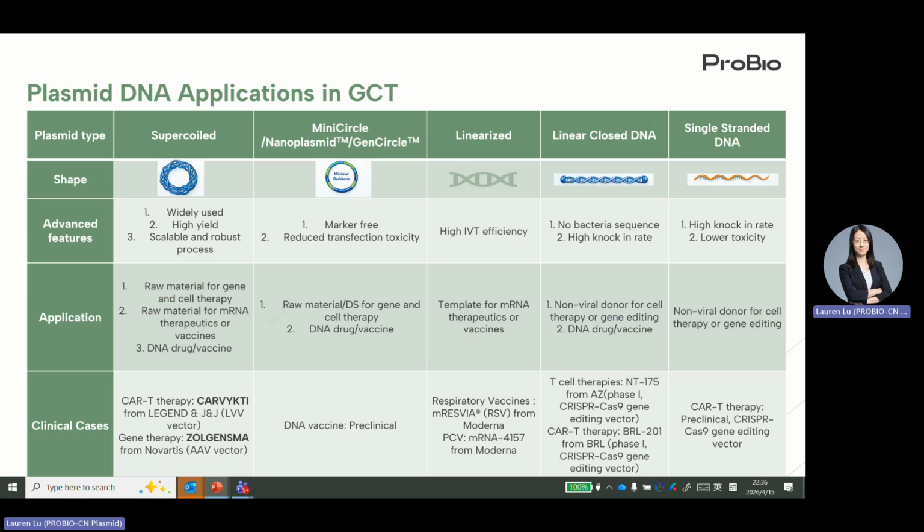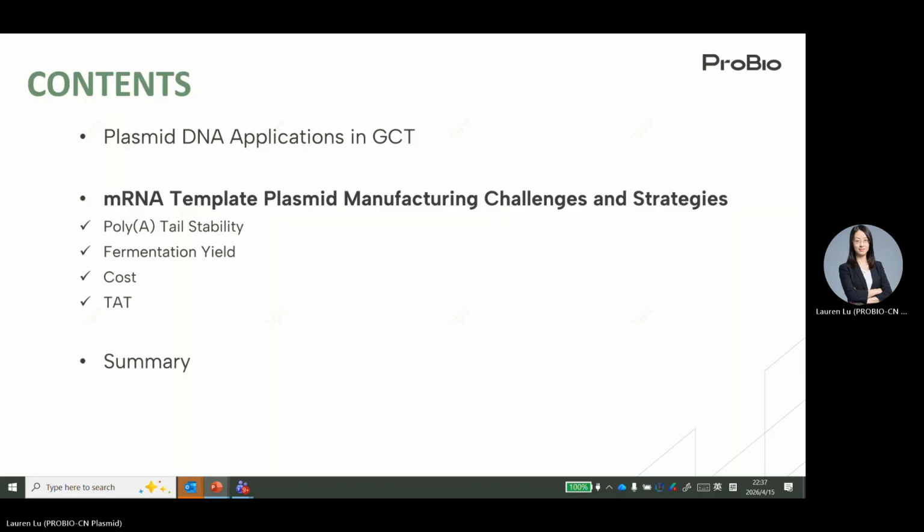Regarding the linear closed DNA, it only consists of the GOI without bacterial sequences. It's a very good donor plasmid for gene editing and cell therapy. Similarly, single-strand DNA can also work as the donor for gene editing.